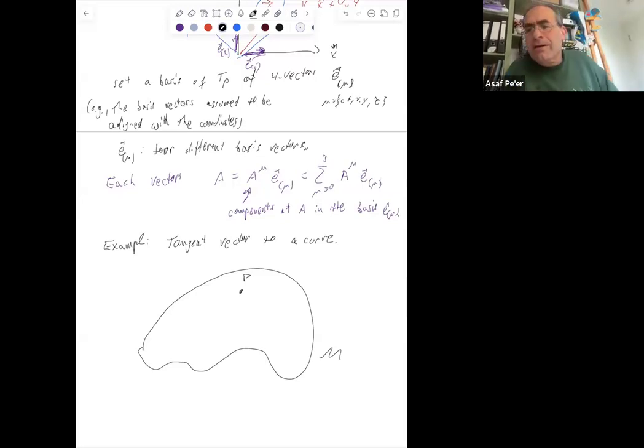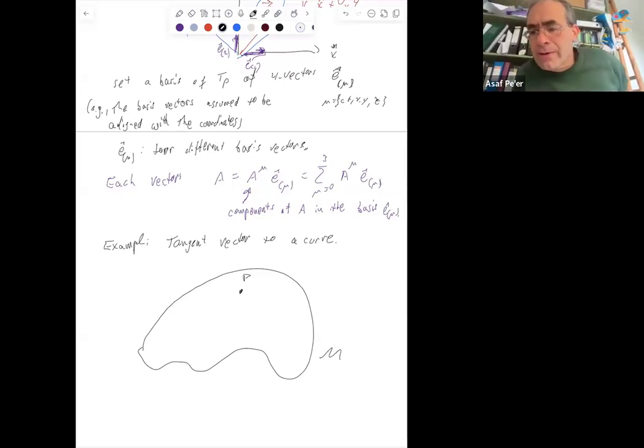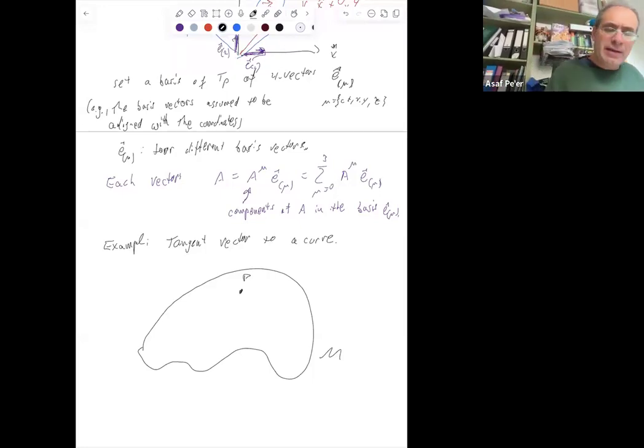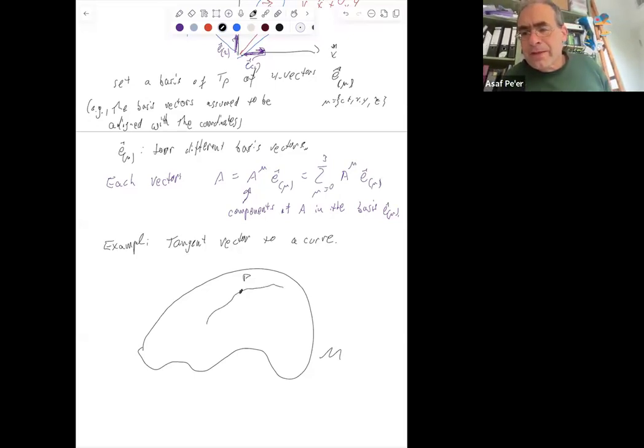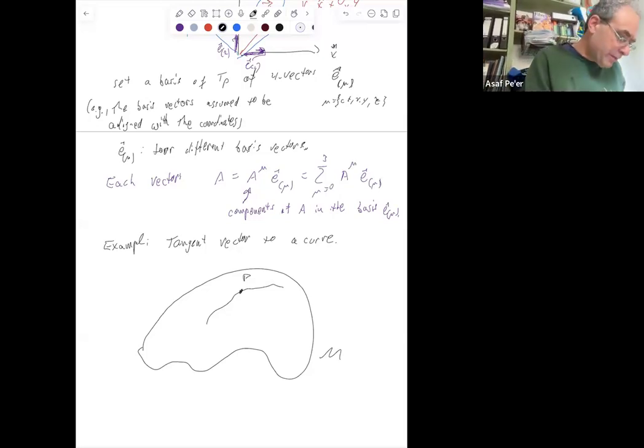So think of it like that. I am going on a vacation, and I like to hike, so I'm doing some hiking, and I tell you my path. This is my path of my holiday. And the only way I can describe this path is by some parameter lambda. So here is lambda equal to 0, lambda equal to 1, lambda equal to 2.